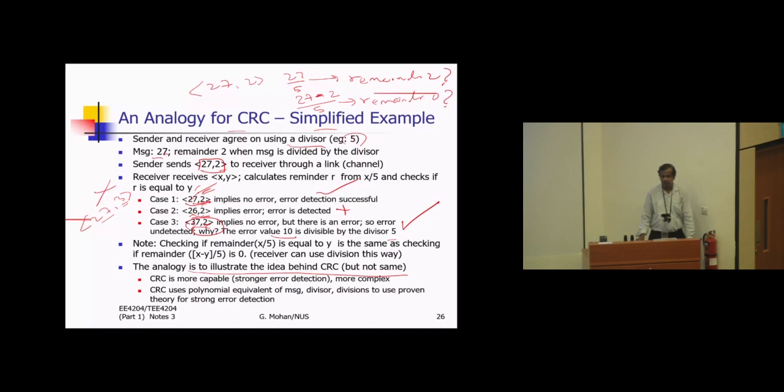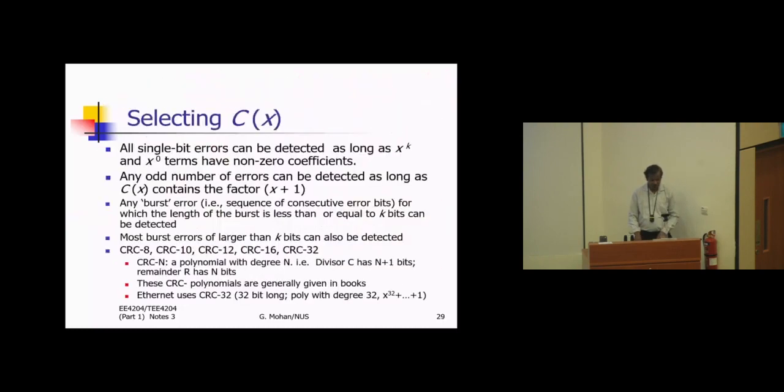If you use a longer CRC, there is a higher chance that the detection is stronger. Error can be there, but whether we are able to detect the error or not. From the polynomial theory, there are some theorems.